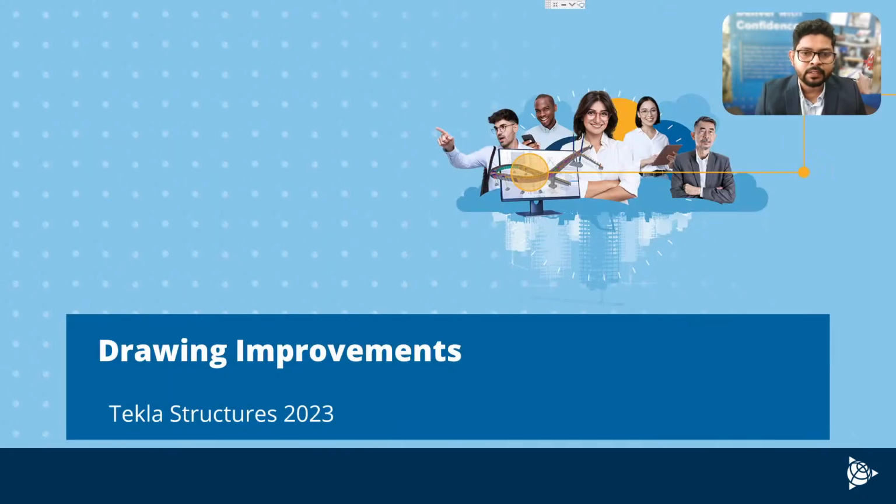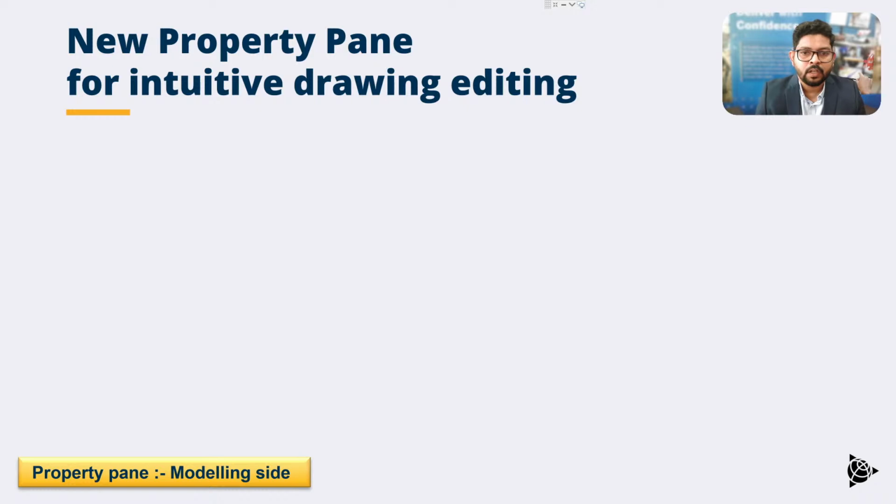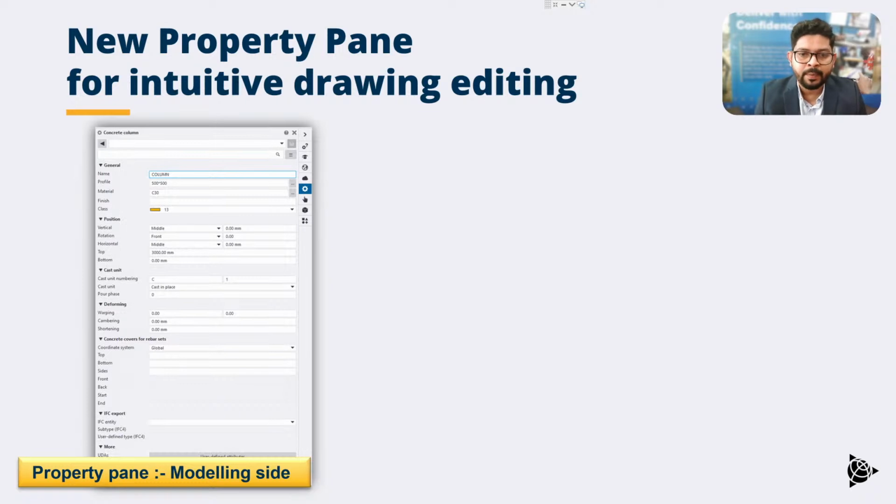So to start with, I will show you the new drawing improvements in Tekla Structures 2023. Those of you who have used Tekla Structures for the last few years might already be familiar with the property pane in the modeling side. The idea of the property pane is to minimize the number of dialogs and access all object properties from one location, that is the right side property pane.